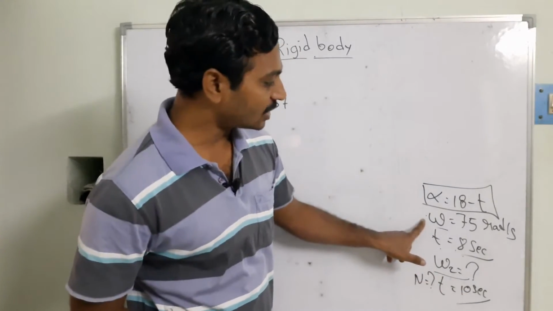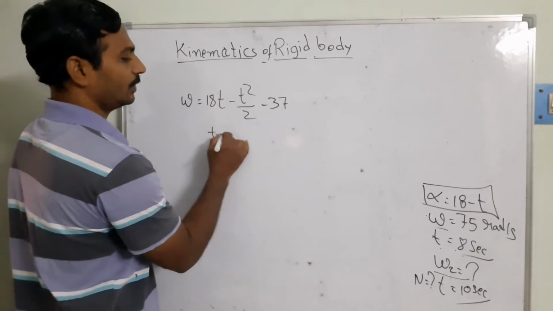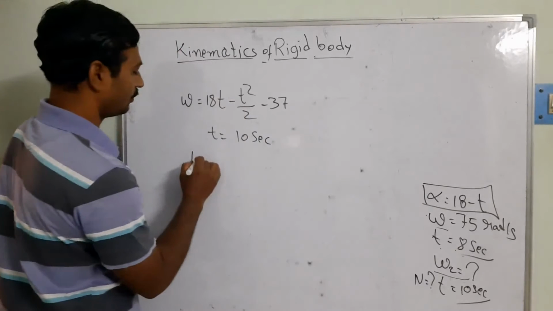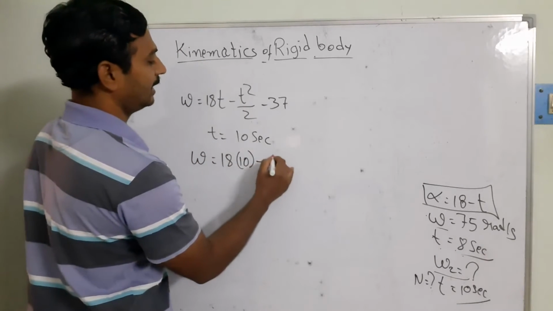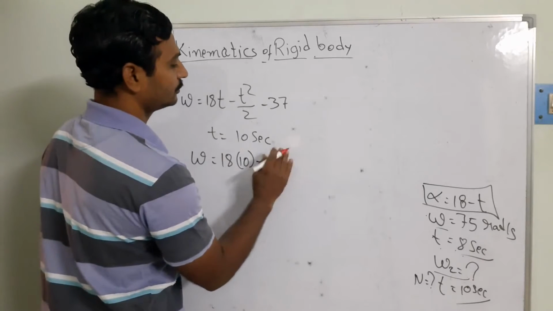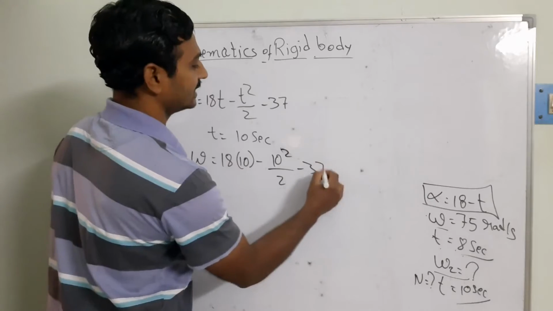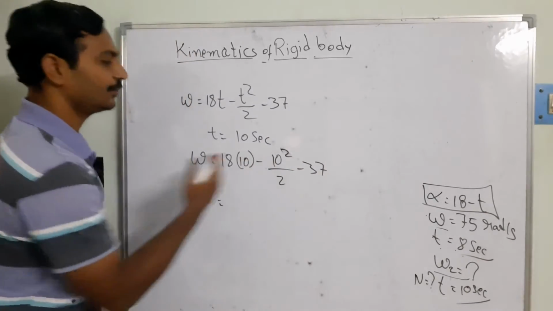This is the angular velocity at 8 seconds. Now t equal to 10 seconds I can apply here in condition 2. So omega is equal to 18 into 10 minus 10 to the power of 2 by 2 minus 37. If I simplify this equation, what will I receive from here?